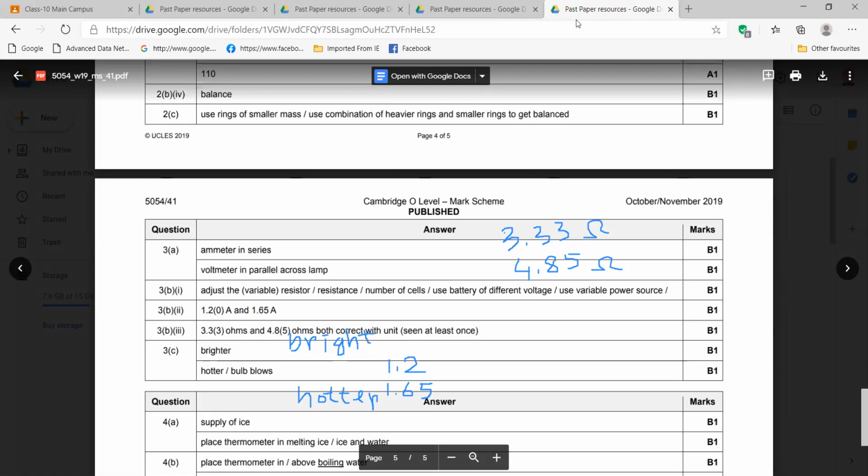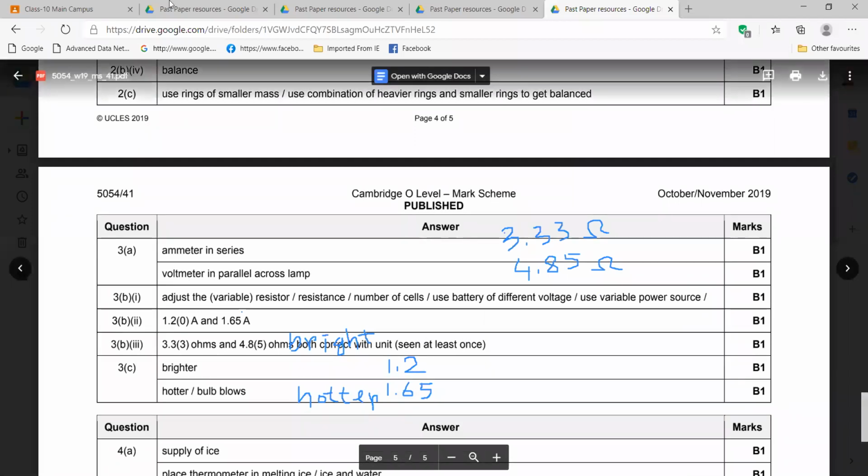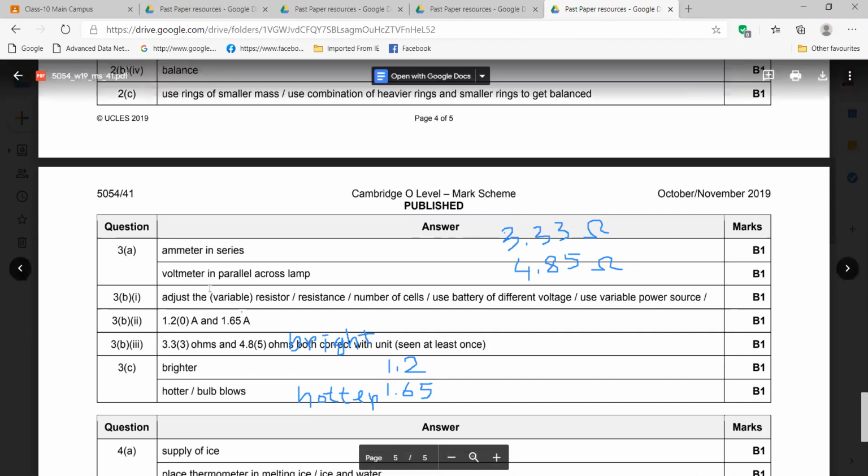This one is the mark scheme. Yes, see, we discussed all of them. You got 3.33, 4.85, 1.2, 1.65. Adjust the variable resistor, number of cells, use battery of different voltage, use variable power source.